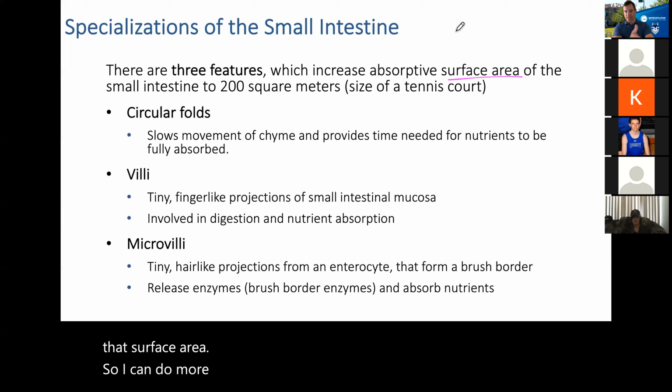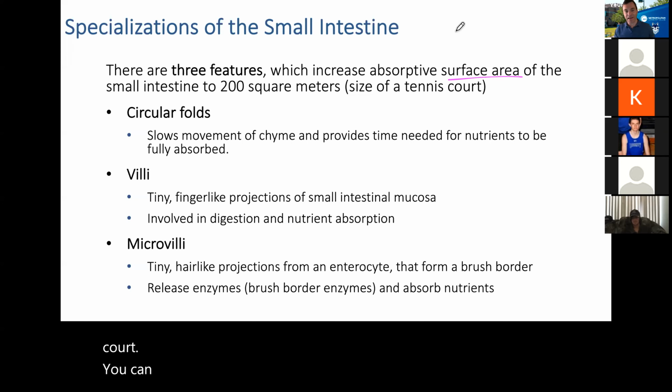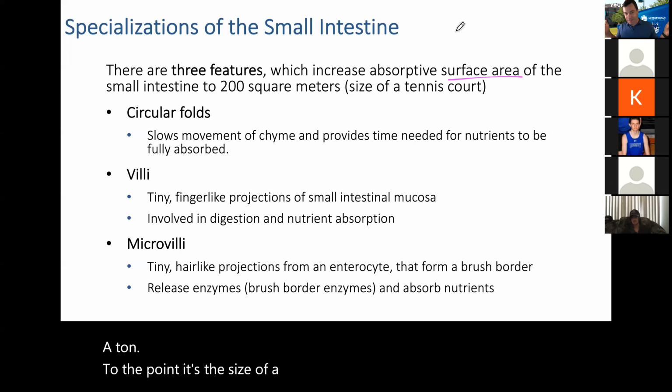And it increases it, and I give the amount as about 200 square meters. That doesn't mean a thing to you. But a tennis court, you can visualize that. That's what these 3 things do. They increase the surface area a ton, to the point that it's the size of a tennis court.